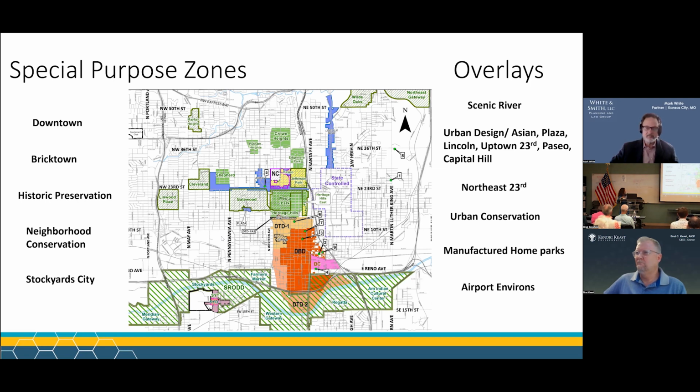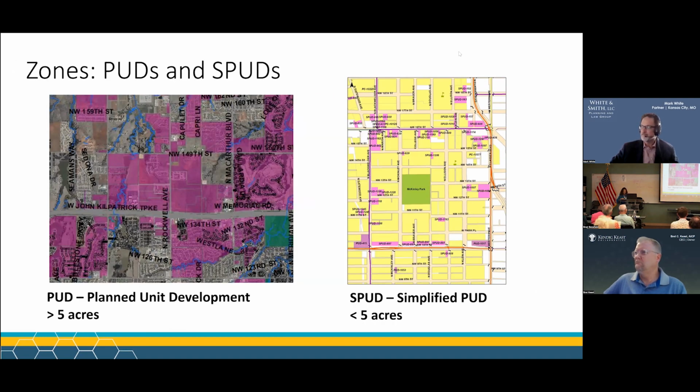Okay, and then Gary mentioned that we have what we call PUDs and SPUDs, and this doesn't have anything to do with baked potatoes, even though sometimes we say that. But PUDs are planned unit developments, and SPUDs are simplified planned unit developments, and many cities have these.